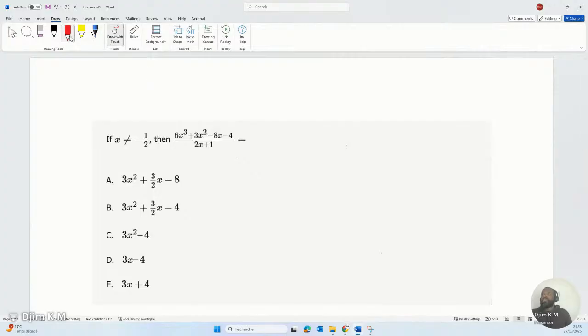So the question says if x is different from minus 1 over 2, then 6x to the power 3 plus 3x to the power 2 minus 8x minus 4.